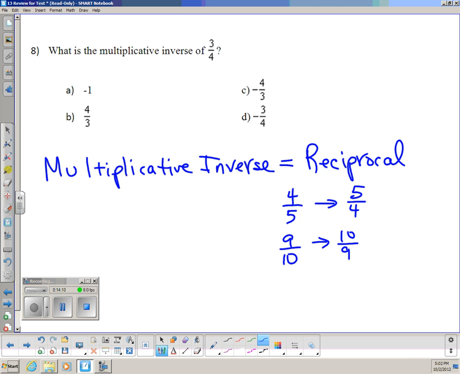Negative 2 over 3, its reciprocal is negative 3 over 2. You do not change the sign. So if you wanted a simple rule for this, you flip the fraction and do not change the sign.